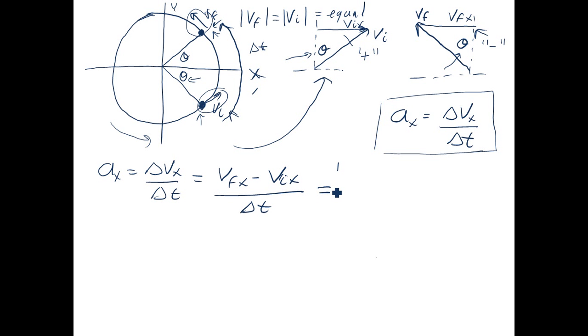So look what we have. Notice that v initial x has to equal the magnitude of that velocity times sine of that angle. And v final x has to equal, and it's going to be negative, v final sine of the angle. Let me write it over here so I don't get it all squished up.